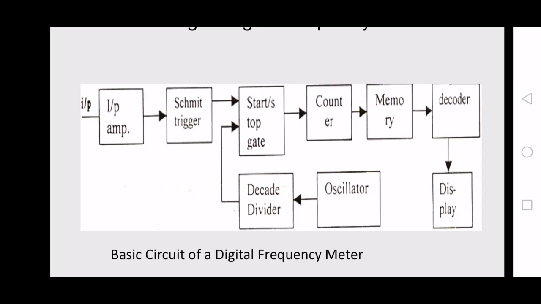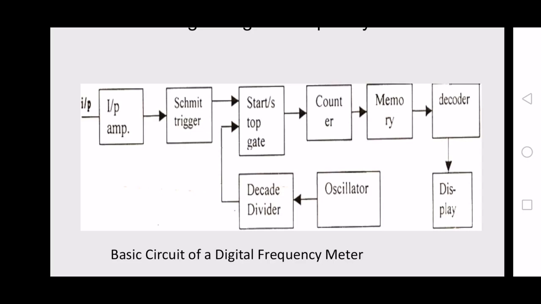Here this start and stop gate is your AND gate. For the AND gate we are giving the known frequency from the oscillator. The oscillator will produce the known sinusoidal signal.